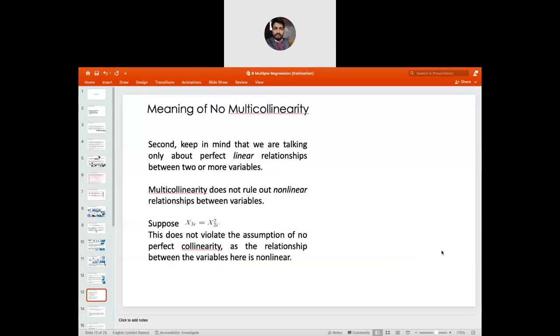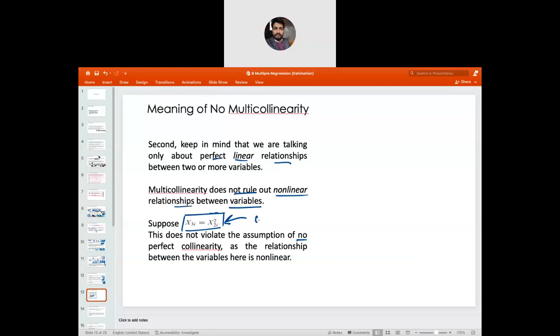We are talking about linear relationships, perfect linear relationships, when we are talking about multicollinearity. Multicollinearity does not rule out nonlinear relationships between the variables. For example, x3 may be equal to x2 squared, right? So this will not violate the assumption.